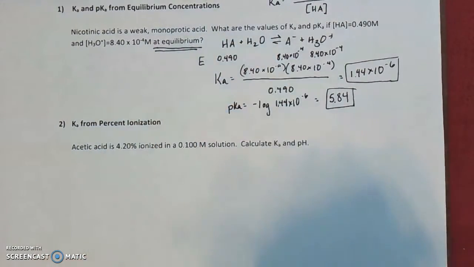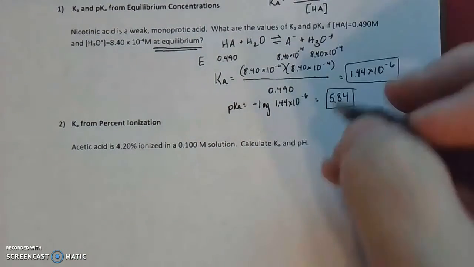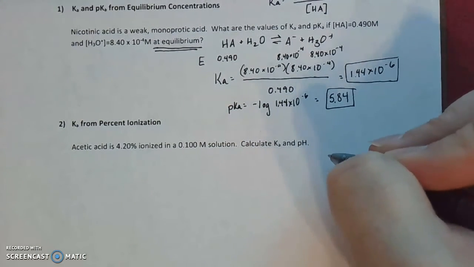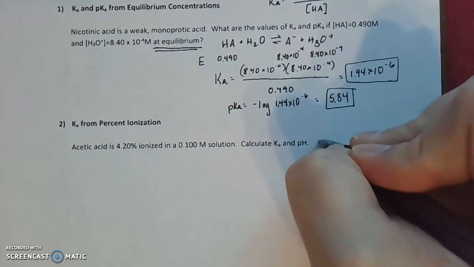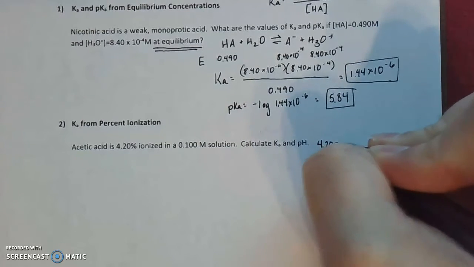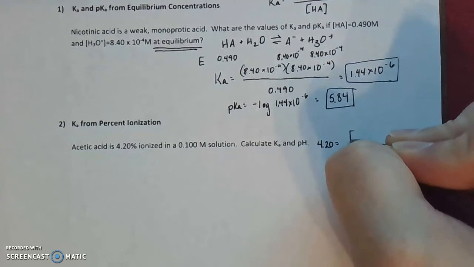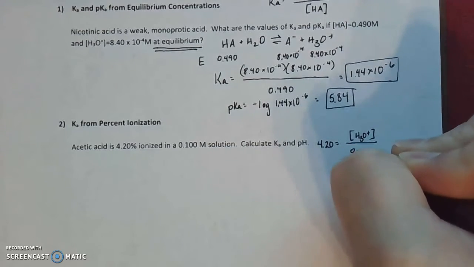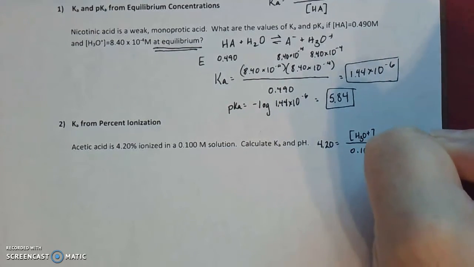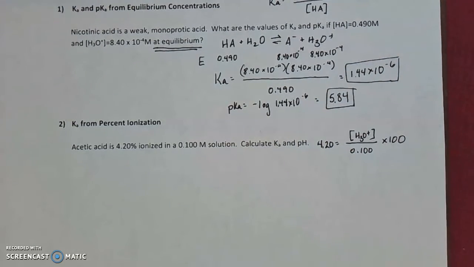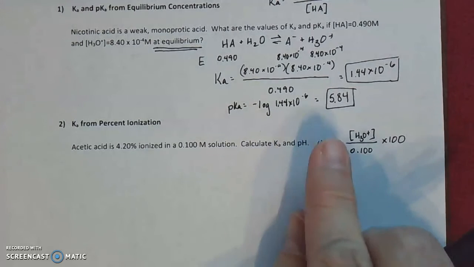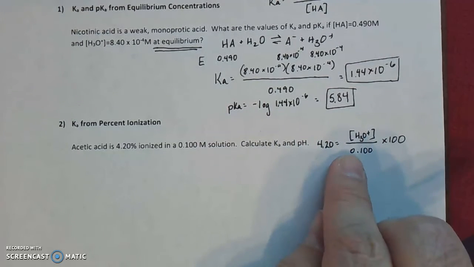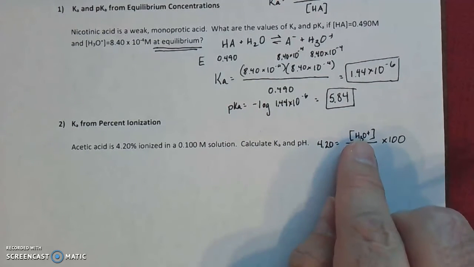If we know how much is ionized, we know that percent ionization, which in this case is 4.20, is the concentration of H3O plus over our original concentration times 100. So we can use the percent ionization formula to calculate what this value is going to be. How much H3O plus ionizes?